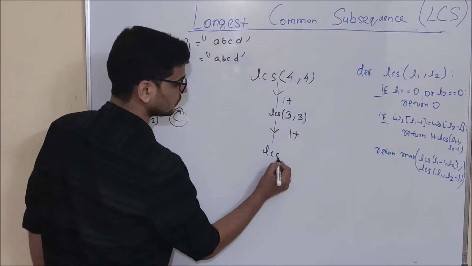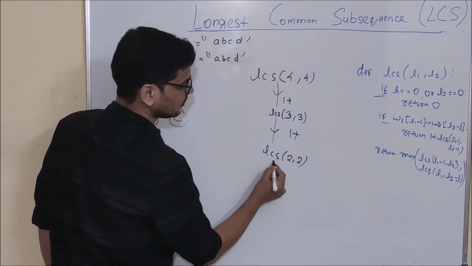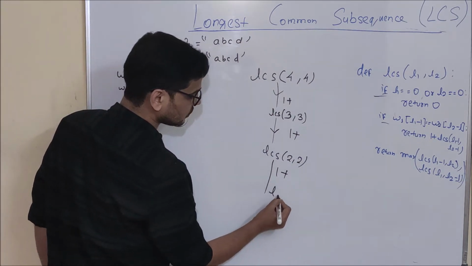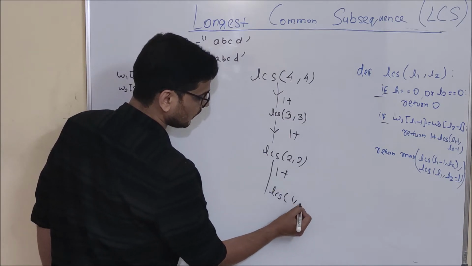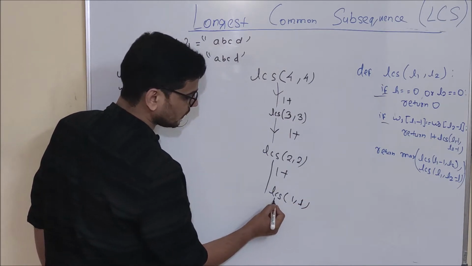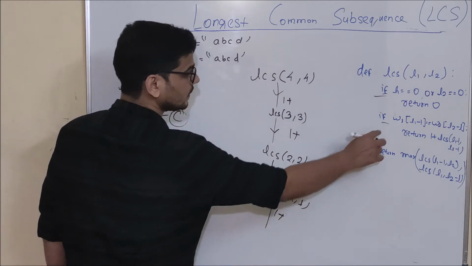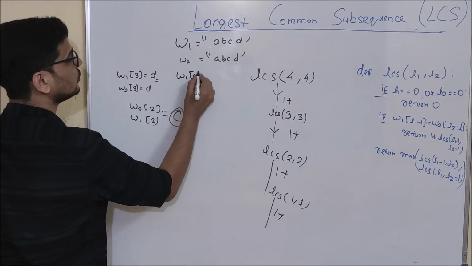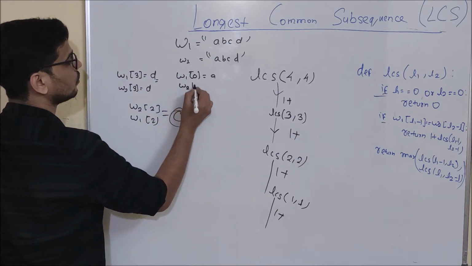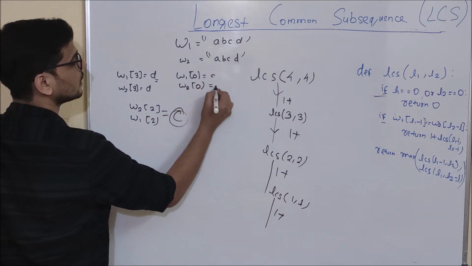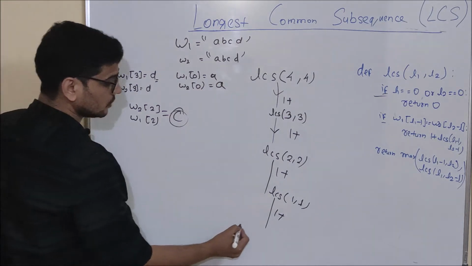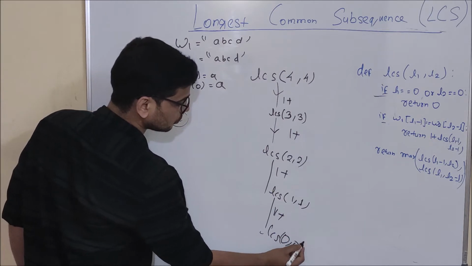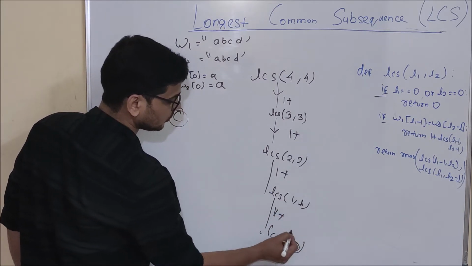a call to LCS of 2 comma 2. Similarly, LCS of 2 comma 2 will do 1 plus LCS of 1 comma 1. Then in LCS of 1 comma 1, again this condition will be true, as W1 of 0 is equal to W2 of 0, both are A. So it is going to do 1 plus and make a call to LCS of 0 comma 0, that is L1 minus 1, L2 minus 1.